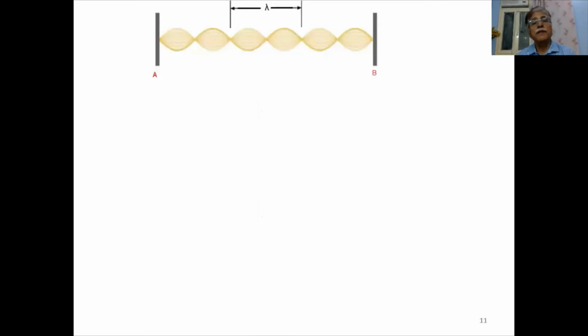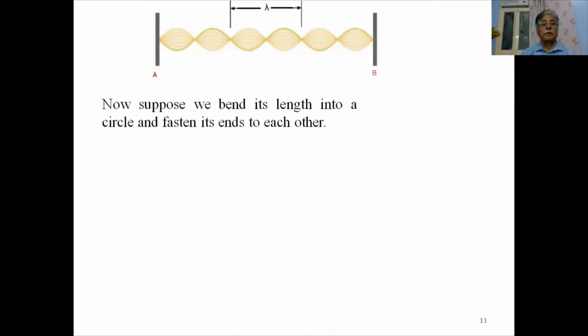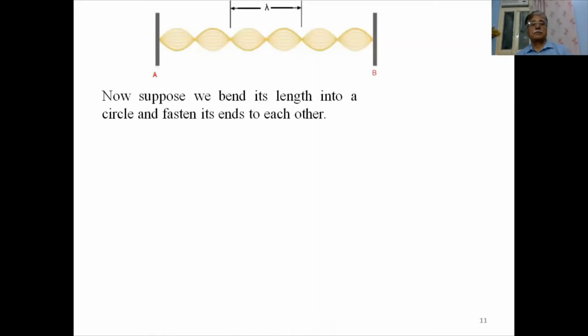Now, we have here what we have just proposed. Between A and B, we have a string that has a stationary wave vibrating. Now, suppose we bend its length into a circle and fasten its ends to each other.